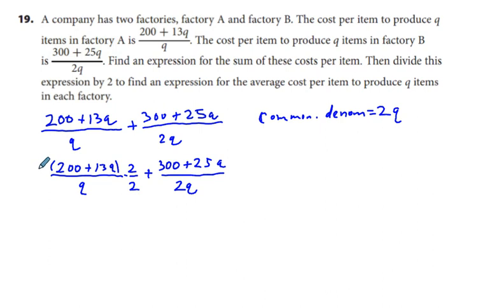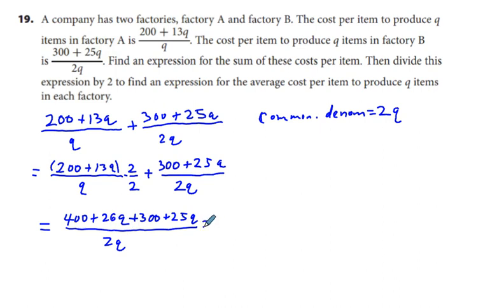So now what we're going to do is distribute this 2 to both 200 and 13Q. So what we're going to get is 400 plus 26Q, and then plus 300 plus 25Q, and that's all going to be over 2Q.